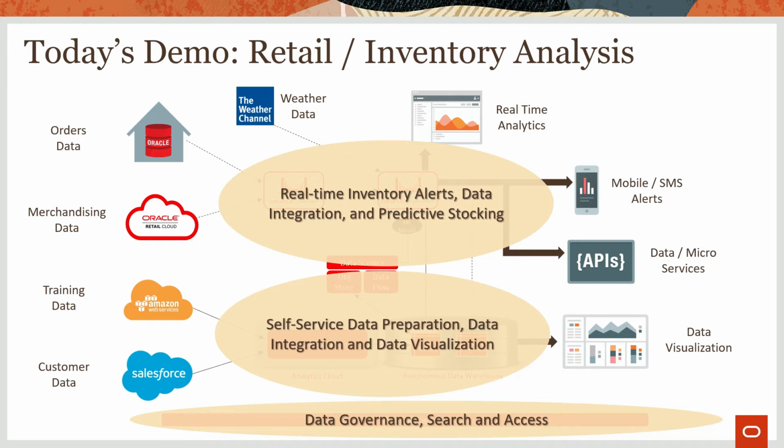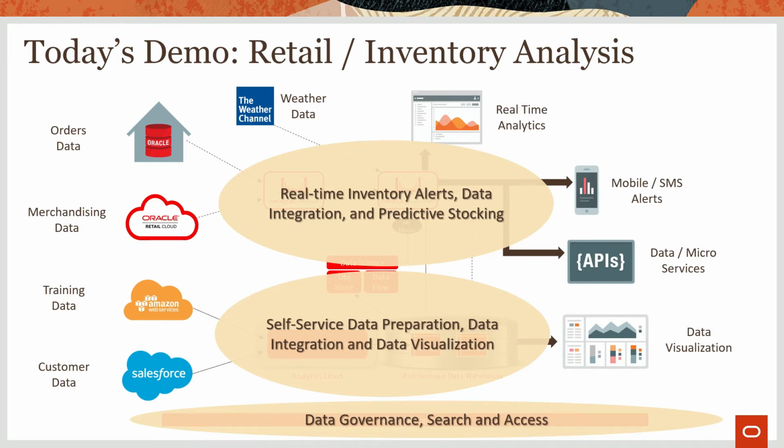That data will be pulled in and merged with customer data that's coming from a Salesforce environment. That data will be prepared and then stored into an object storage location on the Oracle Cloud. And that's where the data science activity will happen to build regression models, for example, to provide predictive coefficients based off of customers' purchasing behavior.